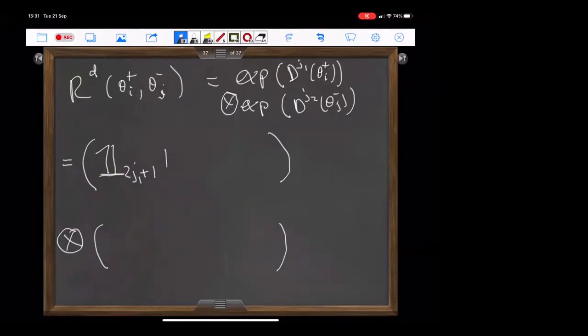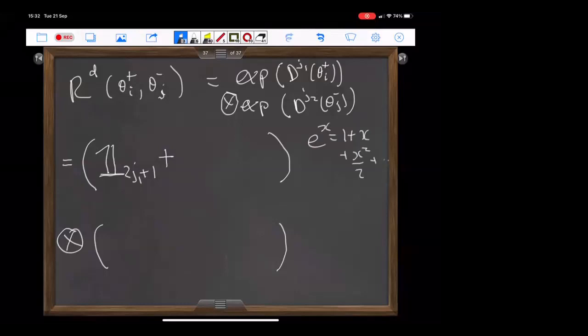Okay, then the next term is just this ordinary addition. Remember, e to the x is 1 plus x plus x squared over 2 plus and so on.